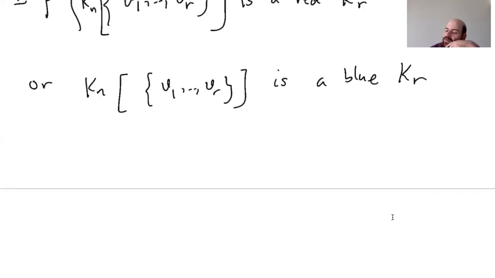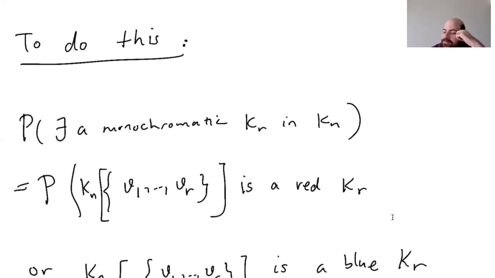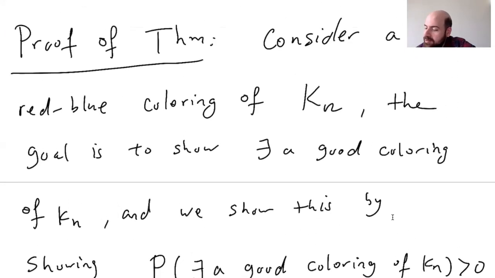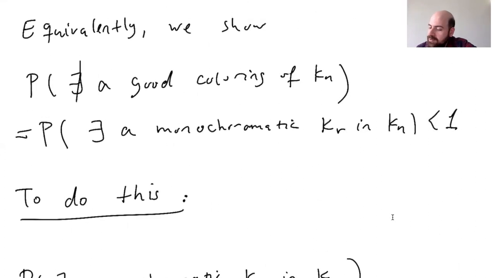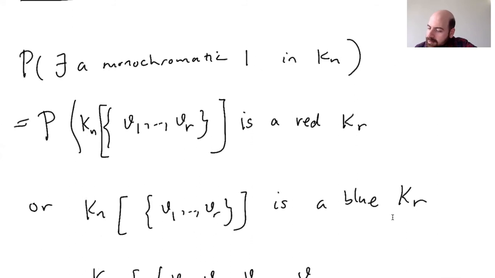Another possibility is that I consider r vertices, but it doesn't have to be the first r vertices. I can consider, for example, V1, V3, V4, and so on. By the way, here we're talking about n and k in the notation of the theorem. So let me also use the book's notation, which is using k here.